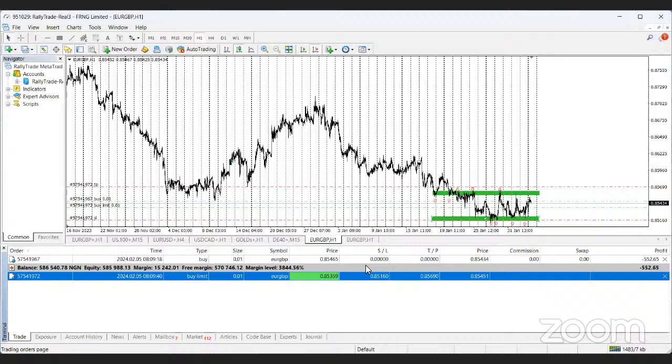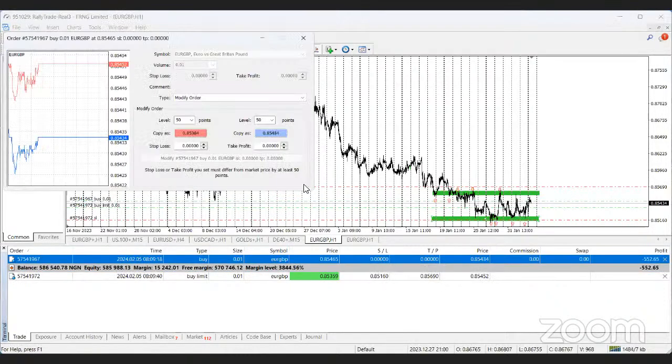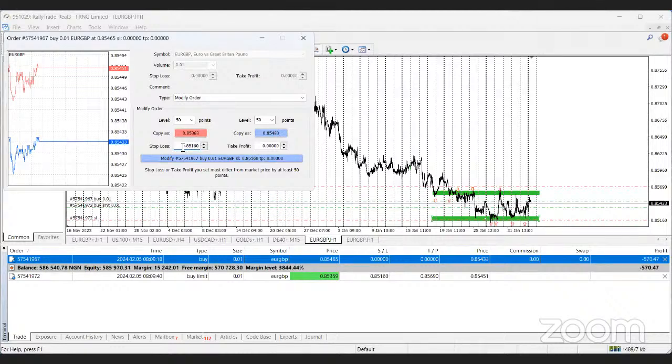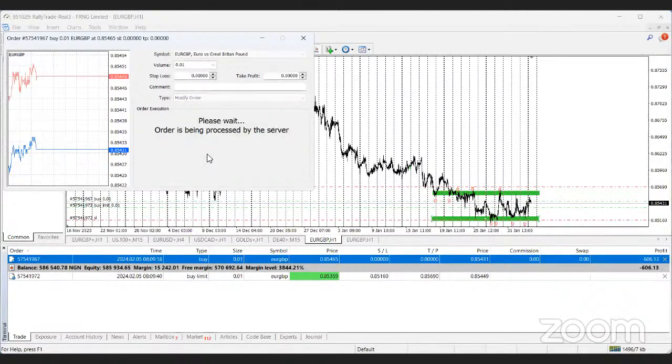What about the running trade? Double click again. Remember, the stop loss is the same, 0.8516. Take profit, 0.85690. So we also modify.